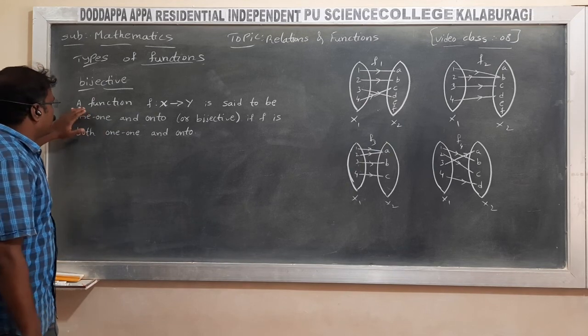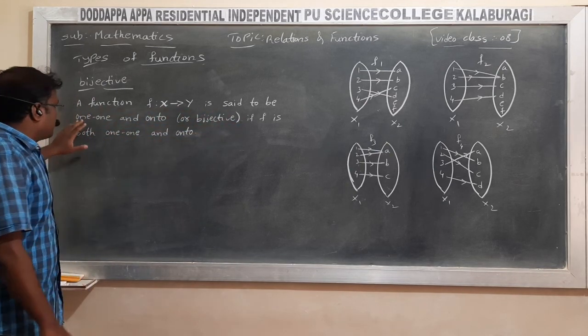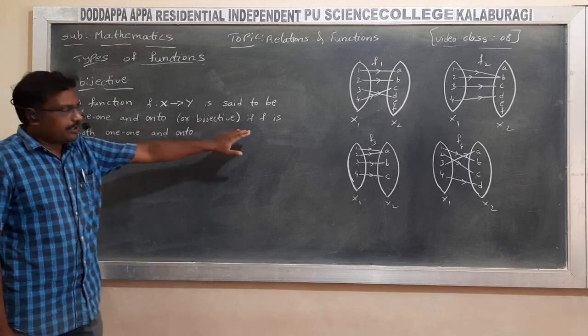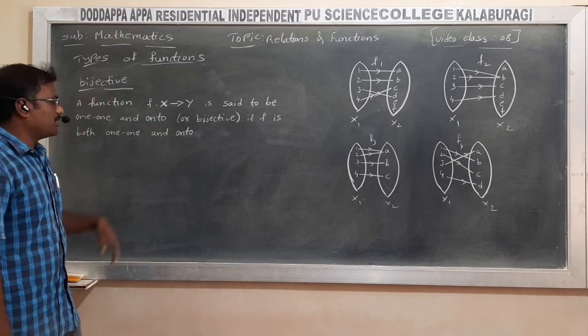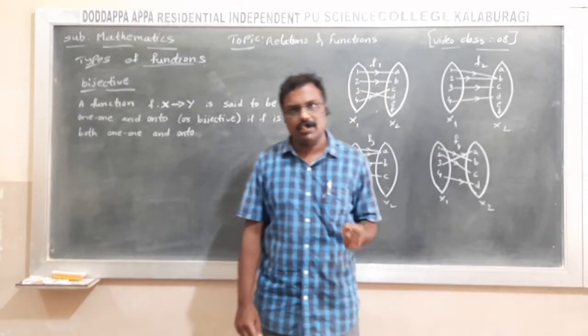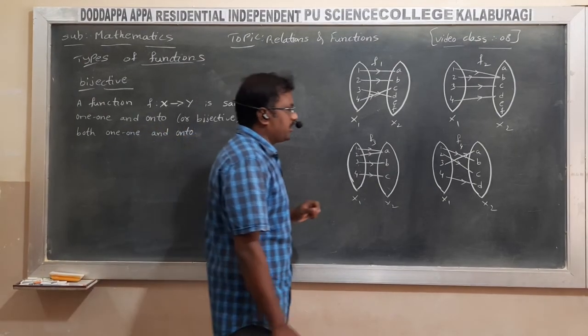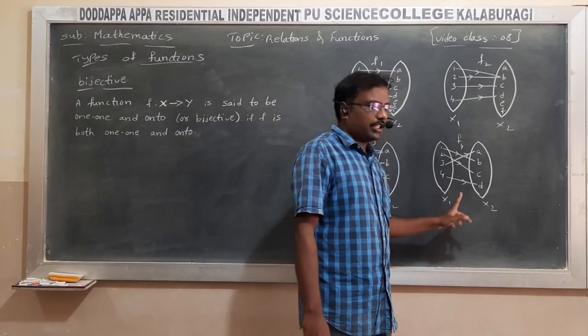Bijective function means a function f from X to Y is said to be one-one and onto, or bijective, if f is both one-one and onto. See here, this function is both one-one and onto.